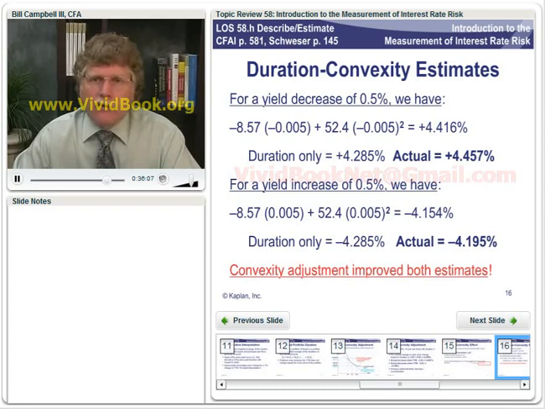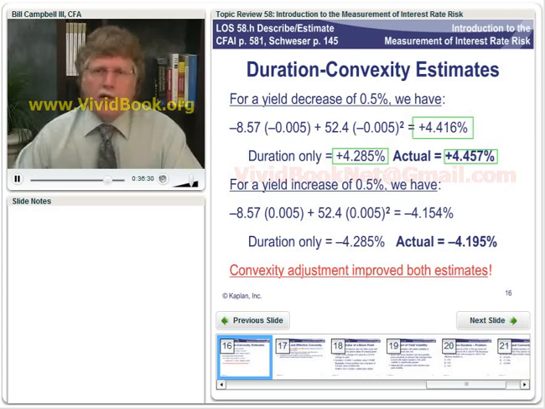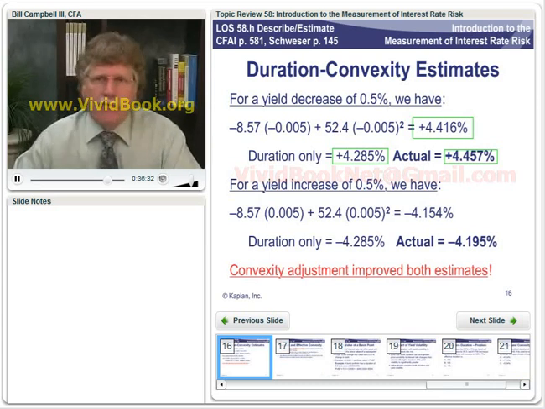For a yield decrease of 0.5%, when we do the duration and convexity approximation, we get 4.416. When we use duration only, it was 4.285. The actual is 4.457. So notice, 4.416 is a much better approximation to the actual than 4.28 was.